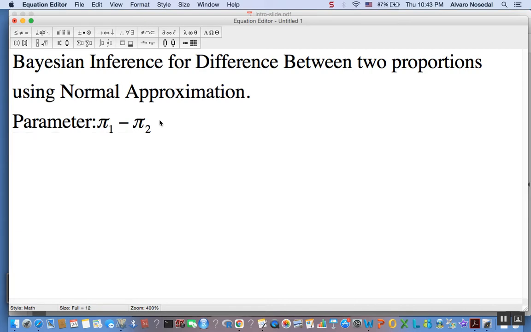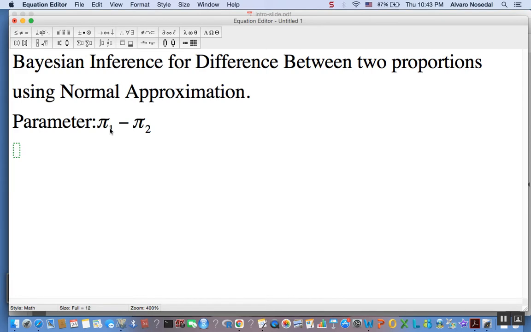So that's our parameter of interest. We know how to deal with one of these, one single parameter. So let's recall how you would go about it.